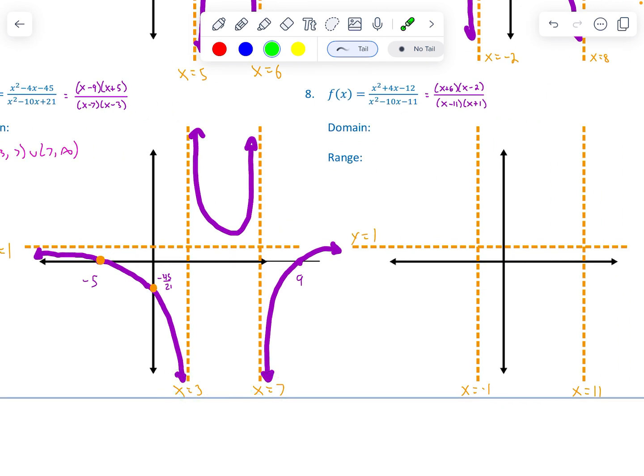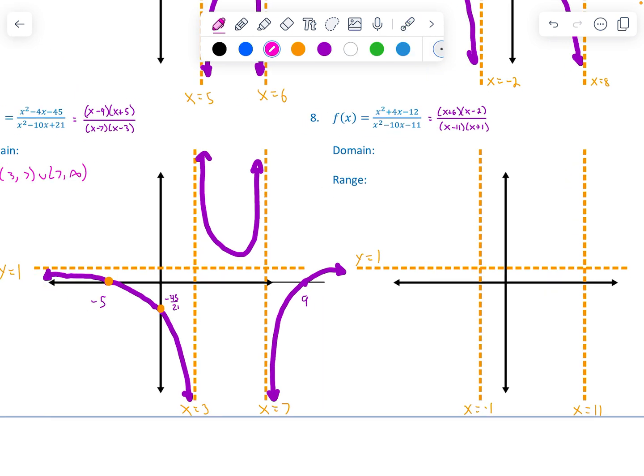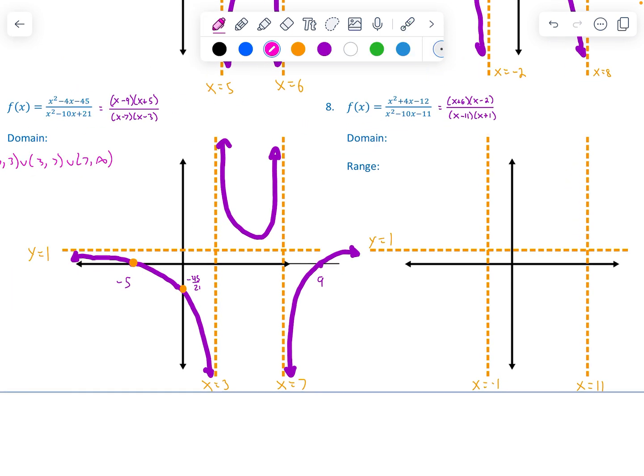All right, jumping over to number 8, let's find our x-intercepts, which come from when the top is 0. So you get negative 6 and positive 2. So negative 6 is over here somewhere. And positive 2 is going to be between our vertical asymptotes. So we have negative 6 here and positive 2.